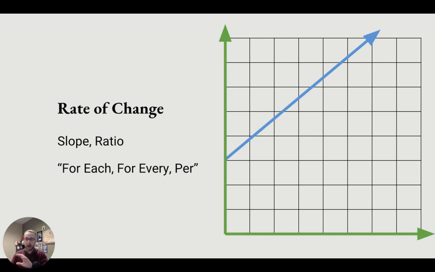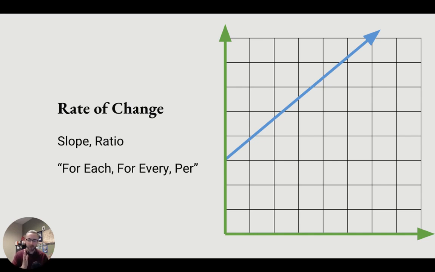So miles per hour is a ratio, and I can represent it as a rate of change. The definition that I give my students for rate of change is that it's a ratio that describes how quickly the y value increases or decreases as the x value increases.